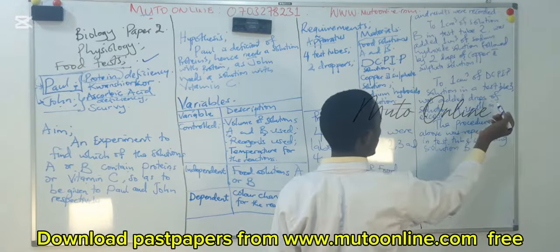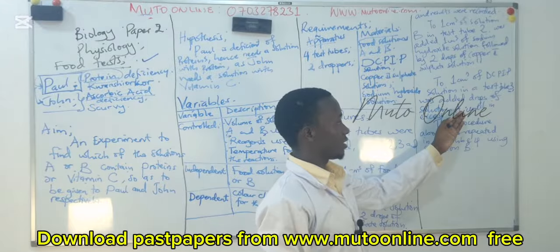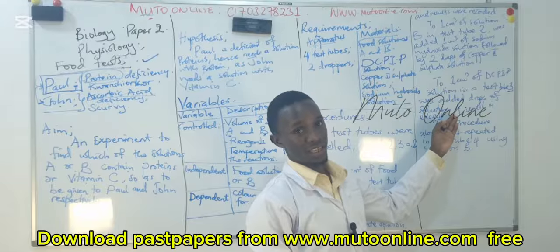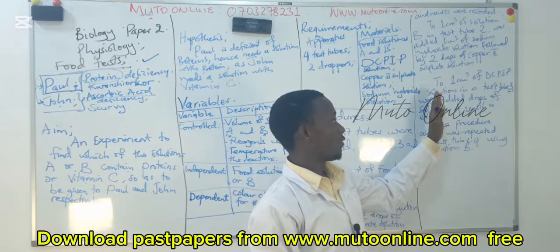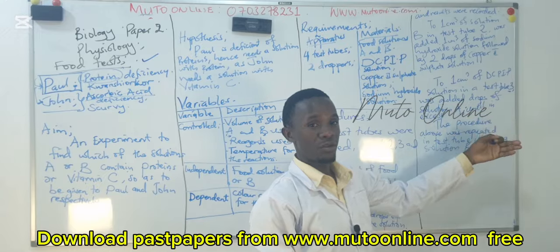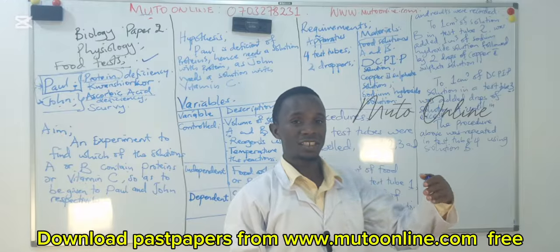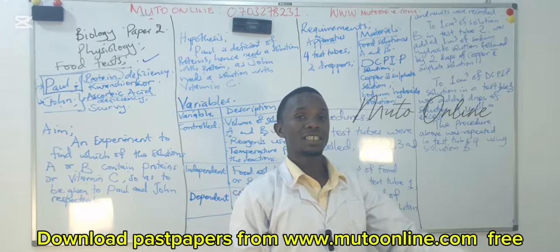And in test tube 3, we are testing for vitamin C in solution A. Remember, for testing vitamin C, to 1 cubic centimeter of DCPIP in a test tube, we always add drop-wise any food solution until in excess.